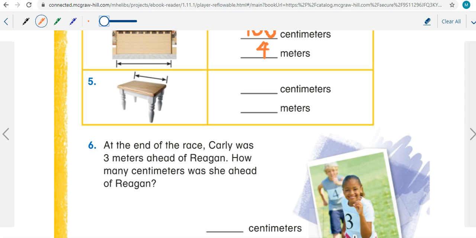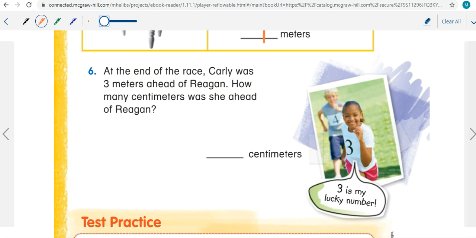Now this little table is maybe 1 meter, and 1 meter is equal to 100 centimeters. Okay, let's say that you guys find a table just like this at your home and the measurement was 90 centimeters. That is close to 1 meter, so it's the same. Remember that when we are estimating.